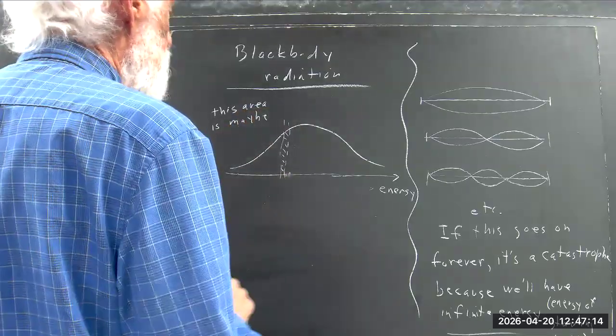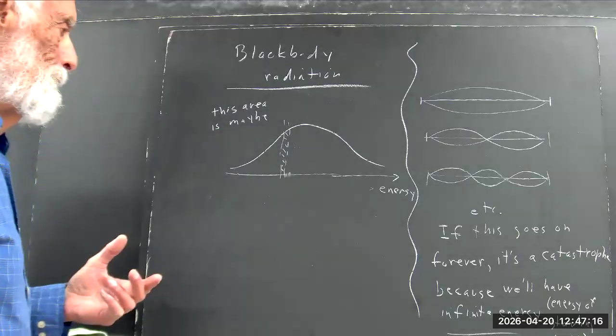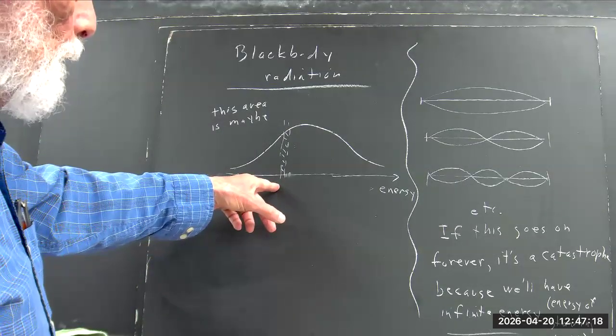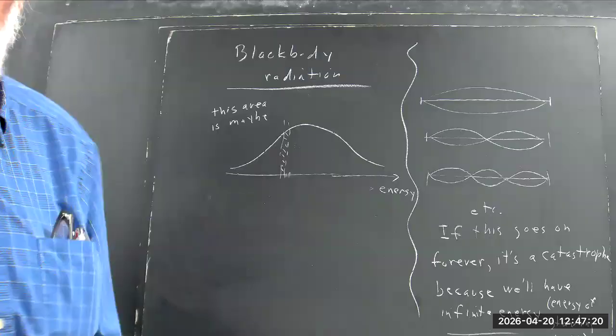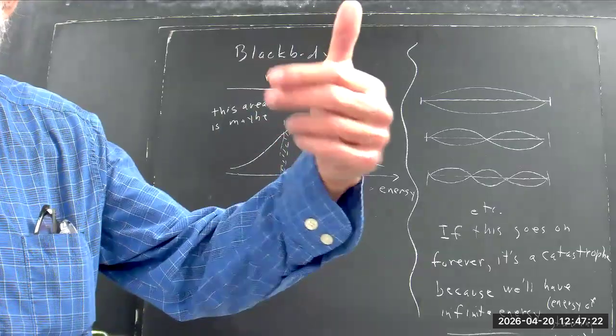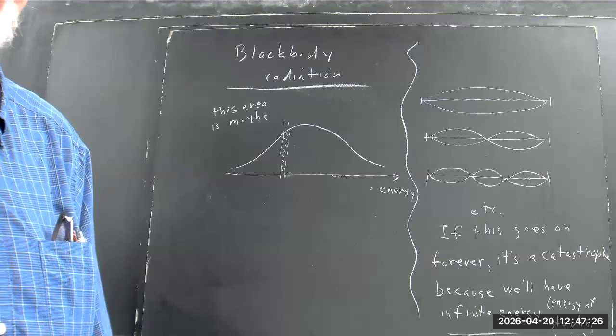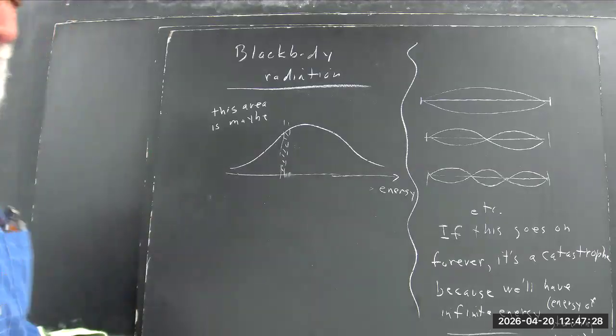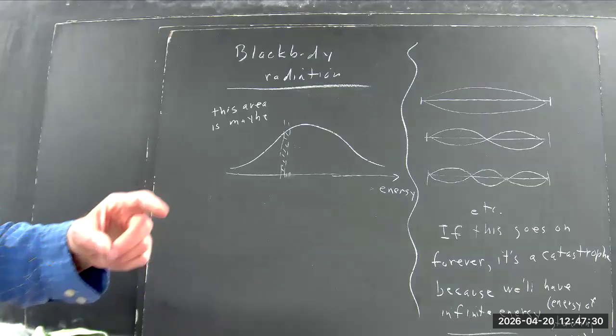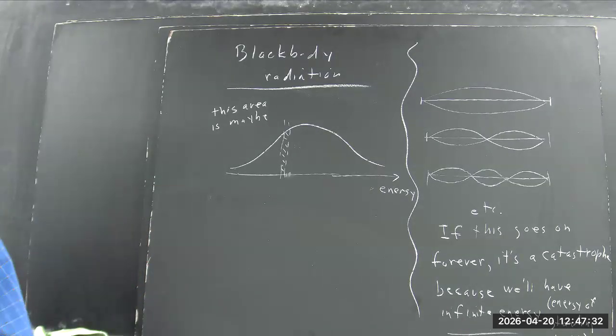This area here is maybe, what do you think? Is it more than 1% or less than 1% of what's under this curve? How many think more than 1%? How many think less? Okay. I think more than 1%, more than 10% or less. I go with less.